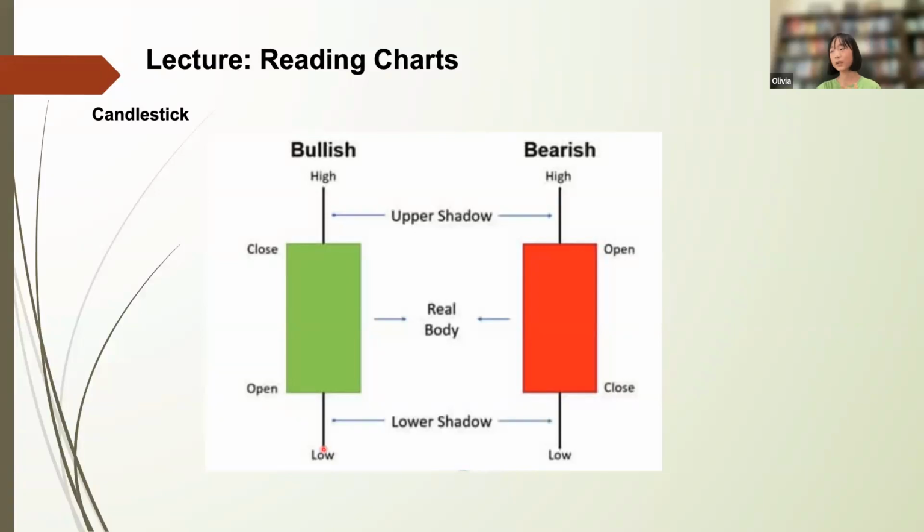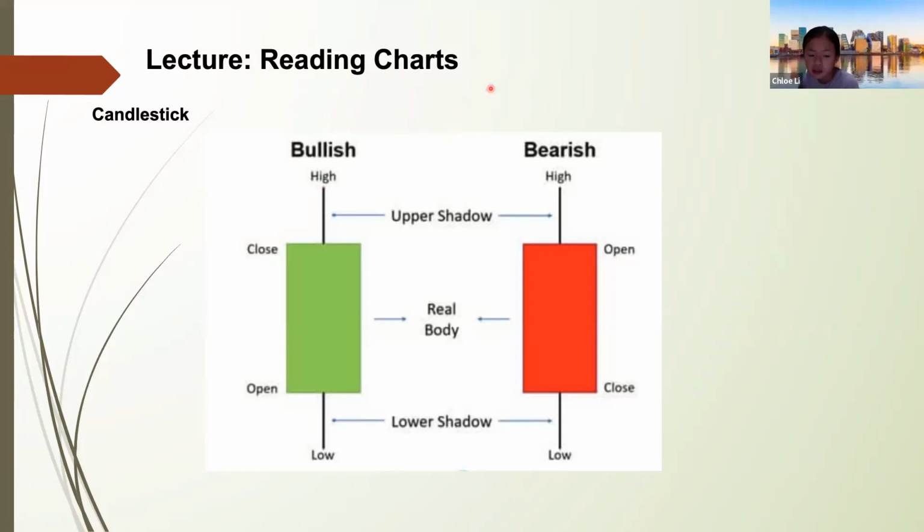So this shows the lowest price that day. The upper shadow here and the tallest point in this upper shadow shows the most expensive price that day, or the highest price that day. So far, is everybody following me or are there some questions? It's okay if you have any questions.